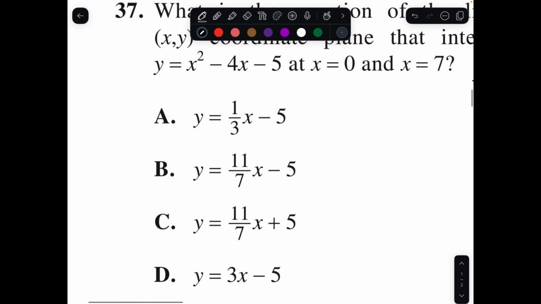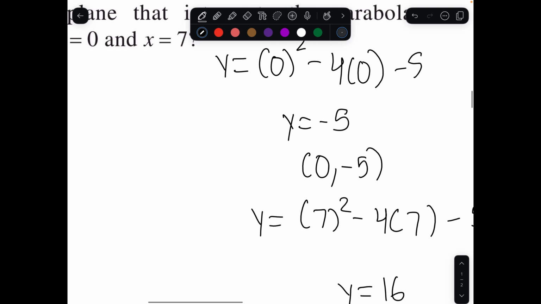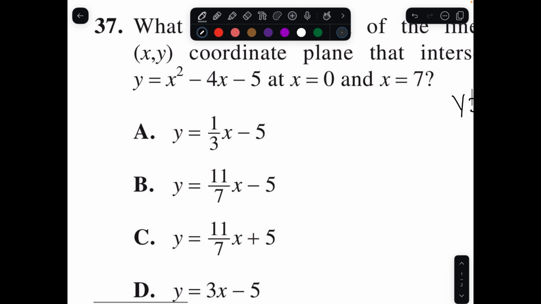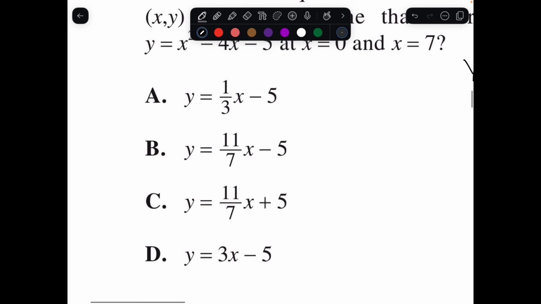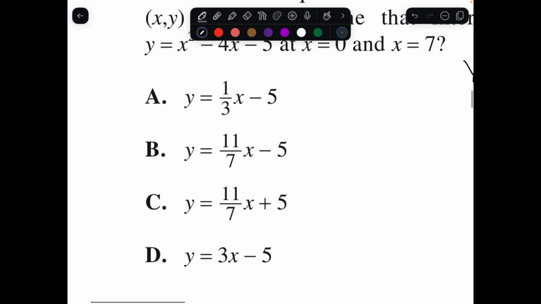So let's test A first with 0. 1/3 times 0, that's 0. 0 minus 5 is -5. So A works. Same thing with B. 11/7 times 0 is 0. 0 minus 5 is -5.